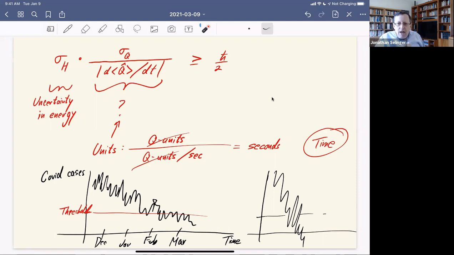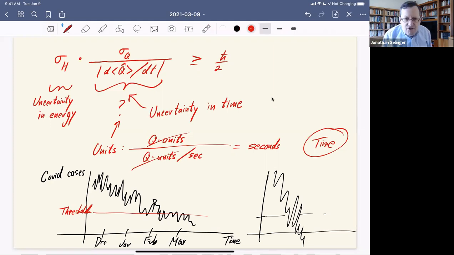And so how precisely you know a time depends on the ratio of those two things. Based on that, we would say this thing is an uncertainty in the time. It's the uncertainty in the time when something happens.